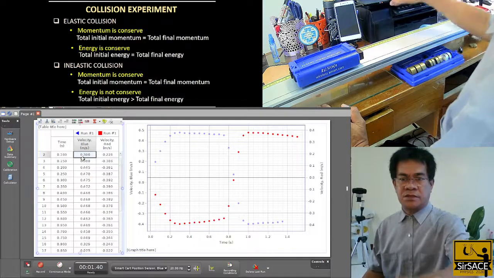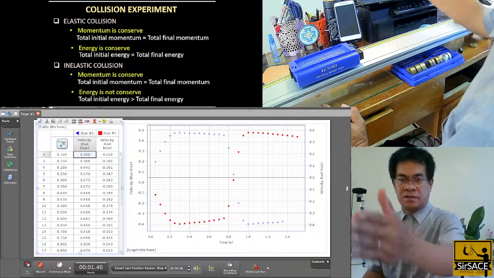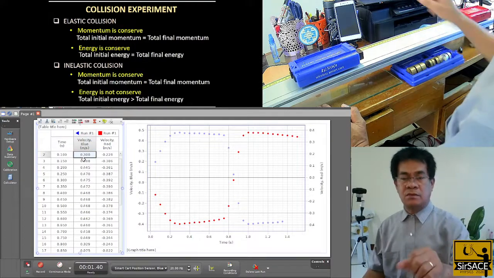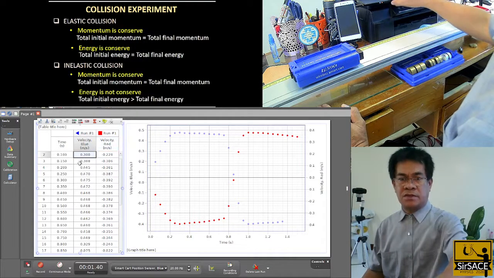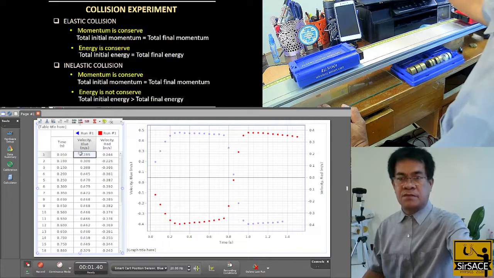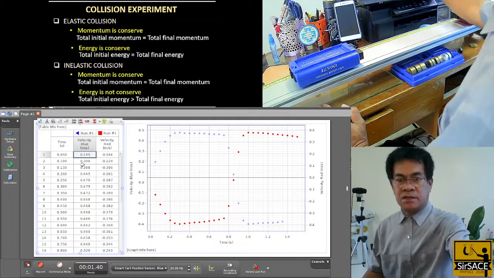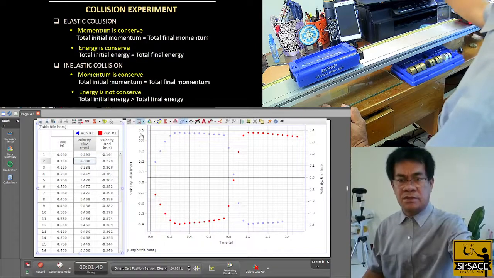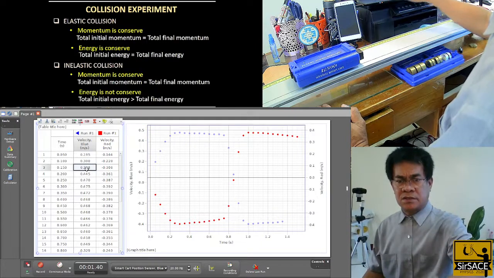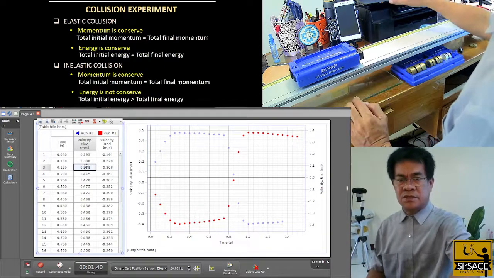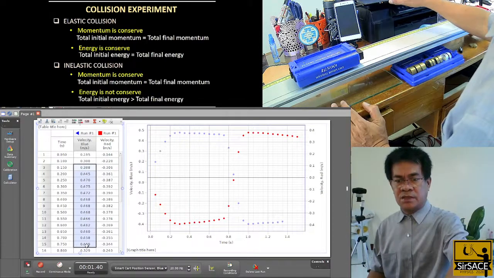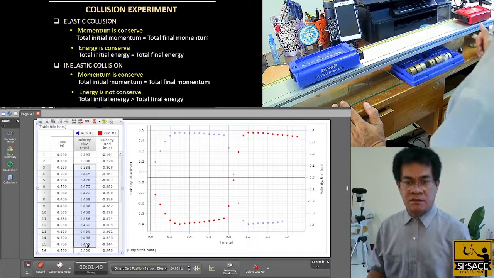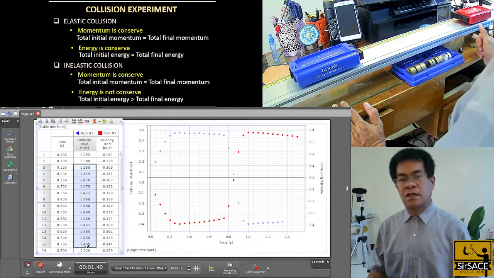The first row is our time, the second row is the velocity of blue, and here we have the velocity of red. All you need to do is look at the table. Start here, where the velocity is increasing, so more or less it starts here. Take the average velocity of this, and that will be the initial velocity of blue, and that is positive.